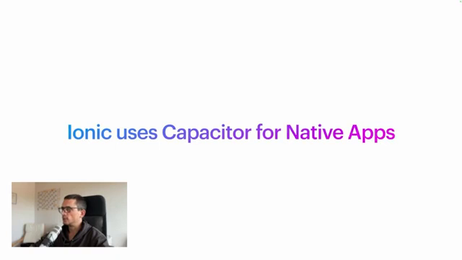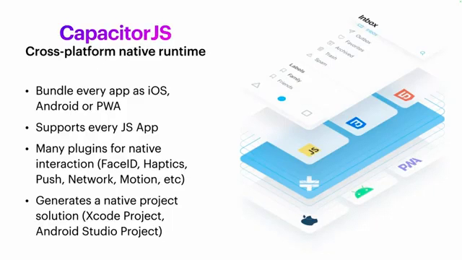And for deploying the application to a mobile platform, for example to iOS and Android, Ionic uses a native bridge which is called Capacitor.js. Capacitor.js is also a project by the Ionic team itself, which is a follow-up solution for the previously available Cordova.